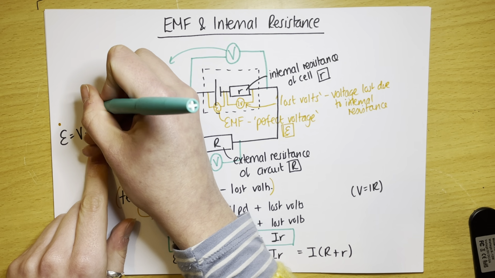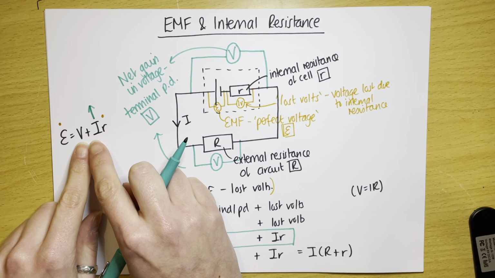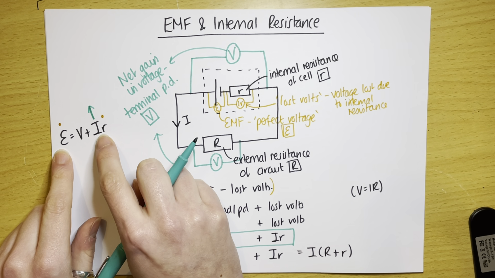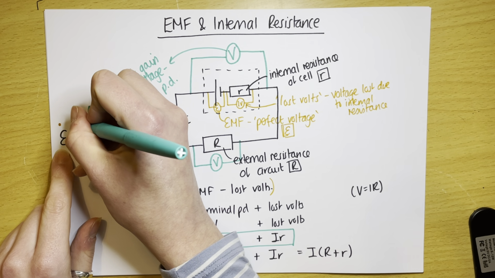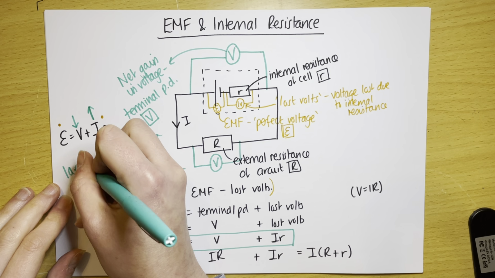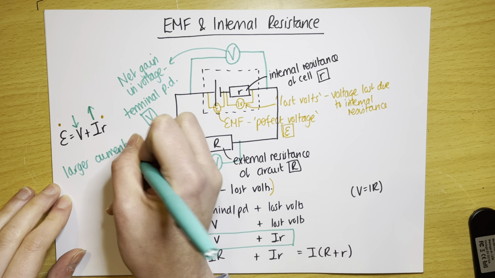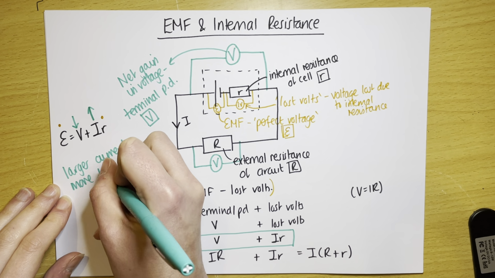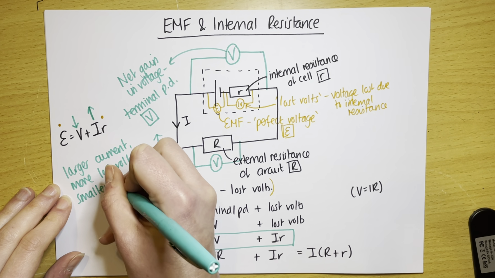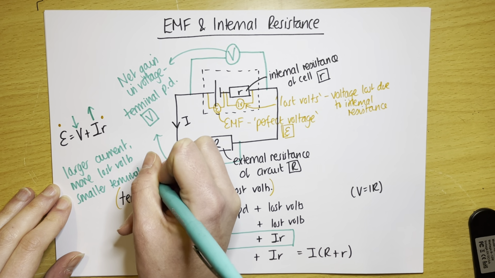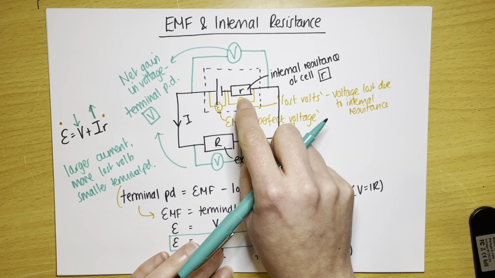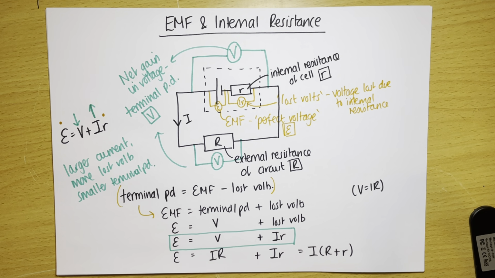So if I increase the current, since V plus Ir always has to equal the same value EMF, then Ir will get bigger, and therefore terminal PD decreases. So the larger the current, we have more lost volts, and so a smaller terminal PD. The higher the current, the more problems we get from internal resistance, the more lost volts, and the smaller the terminal PD.